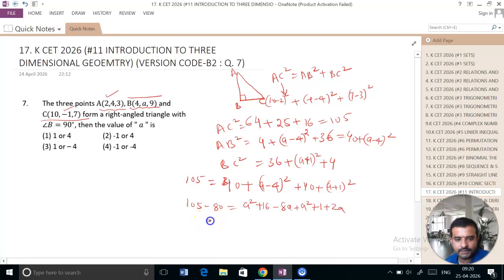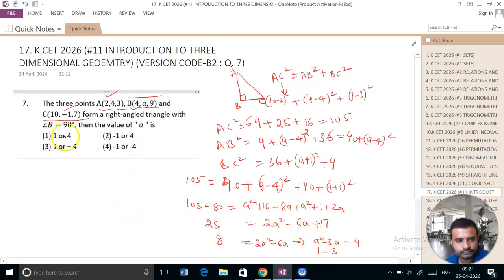So it becomes 25 is equal to 2a square minus 6a plus 17, 16 plus 1 is 17, so 25 minus 17 will be 8 is equal to 2a square minus 6a. See, if I'm going to take 2 common, it becomes a square minus 3a should be 4. So consider the options 1 and 4. If you put 1, 1 minus 3 will not be 4.